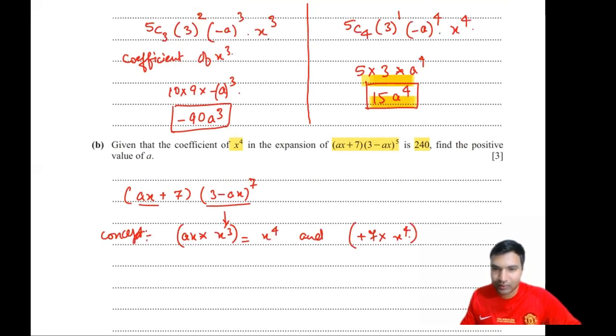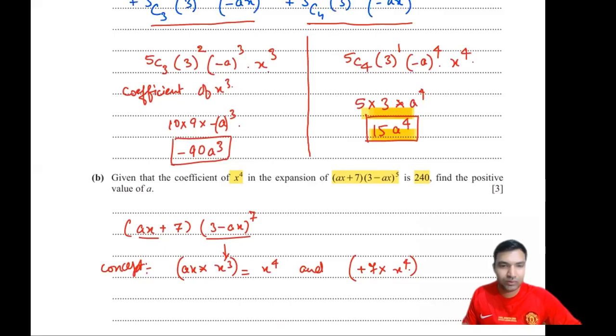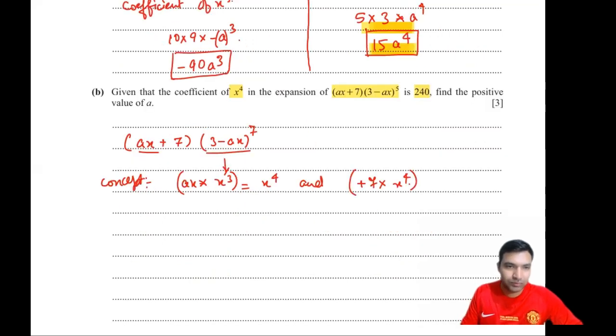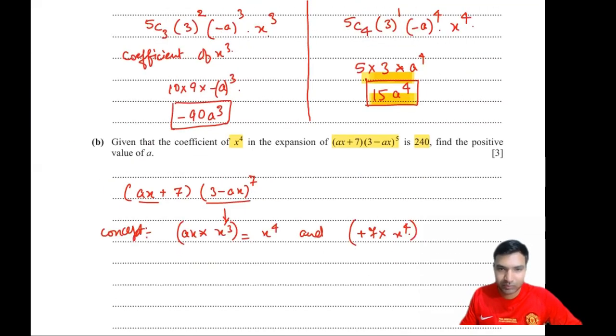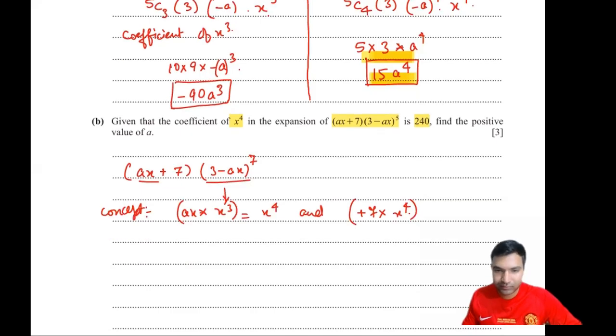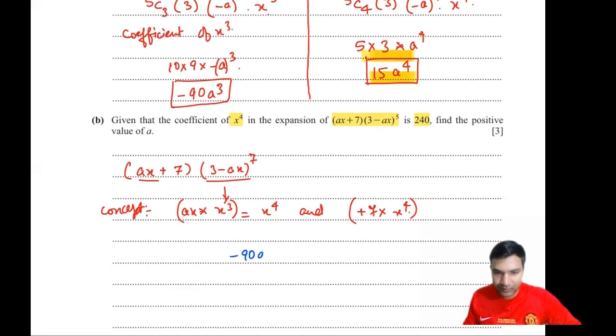So what is the cubic term which we have already found? They will give you the sub part of the question so that it will be related to the previous part. All right. So we already know the x cube term from the previous one was negative 90a cubed multiplied by x cube.